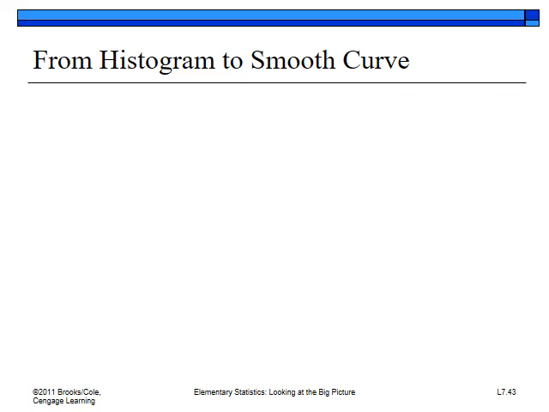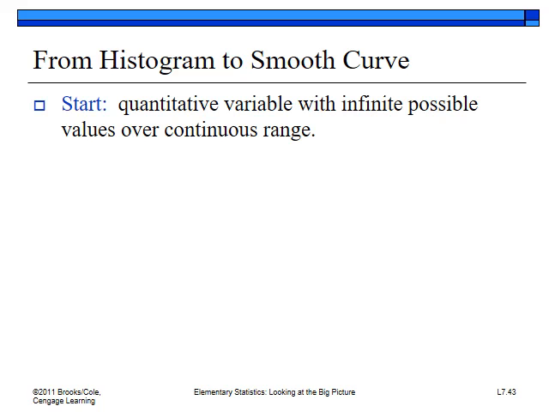The histograms we've seen so far look like bar graphs, and they are. But if our quantitative variable has infinitely many possible values over a continuous range, so shoe sizes are not continuous because there's no such thing as shoe size 11.23794.